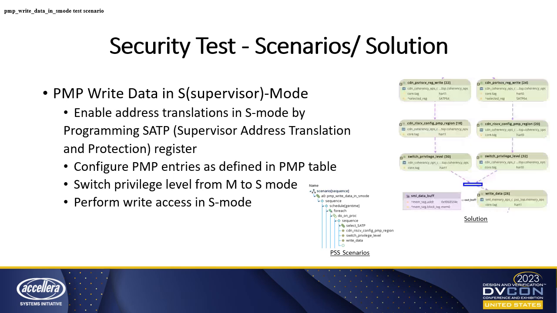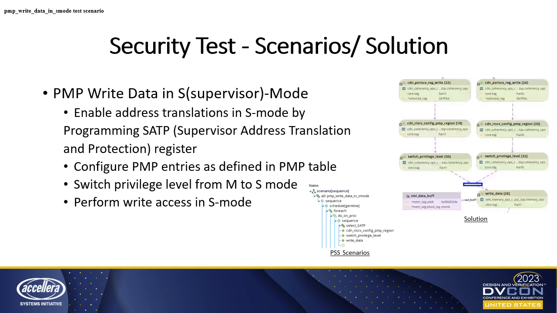The scenario on the slide actually does a PMP write in supervisor mode. So this is supposed to be a positive scenario where S mode is able to access memories to write data into it. The scenario has multiple steps. It enables address translations in supervisor mode by programming the SATP register of the RISC-V system. It then configures the PMP regions as defined in the PMP table.